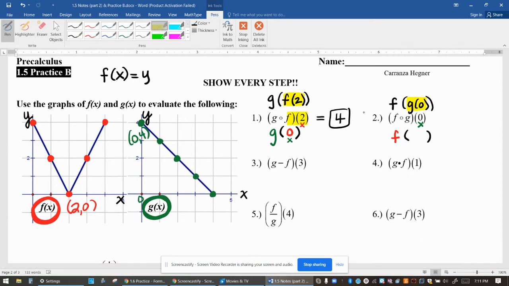And remember that g of 0 is 4, so I'm going to go ahead and put that there. Now I'm going to evaluate the f function at its 4. So the f function, 1, 2, 3, 4 is right here. So follow it till you hit an ordered pair. So this is 4, 4. They gave you the x value of 4. You're going to find its partner, which is positive 4.